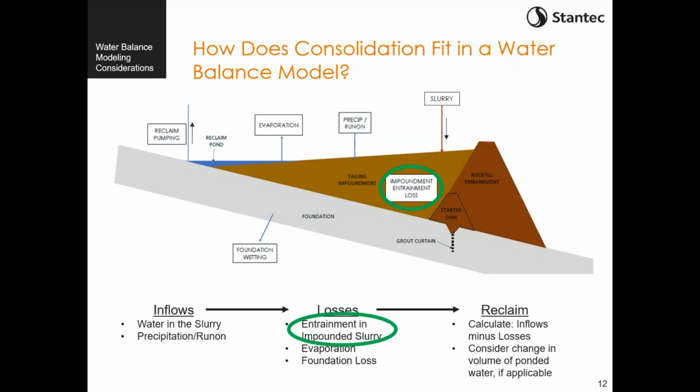Well, I would submit, and this is the process that we use at Stantec, it's actually simpler to calculate the amount of water that stays within the slurry. And then based on this difference of inflows and losses, the amount of water that's released is going to be implicitly accounted for. So that's our preferred method for performing these water balance models and dealing with consolidation within those models.